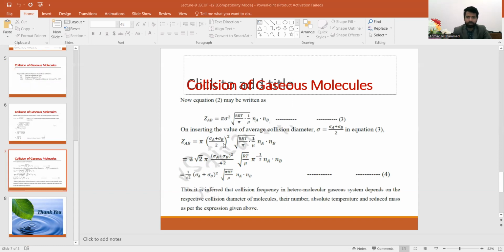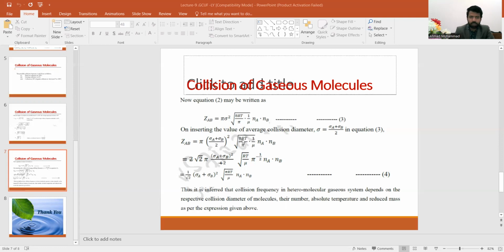Now we insert the value of the average collision diameter, which we know is equal to sigma A plus sigma B divided by 2. So we can write this value into the equation for sigma square. Then the equation becomes ZAB is equal to pi times sigma A plus sigma B divided by 2, squared, times the square root of 8RT over pi mu, NaNb.